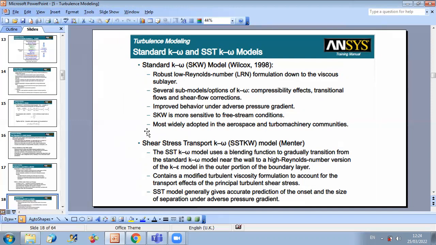Now, we move to another type of modeling. So we are still with the two equation model, but now we introduce a new variable, which is omega. We will see that it's also related to epsilon, but in a certain modified way. So for instance, we can say that omega constitutes the specific turbulence dissipation rate.